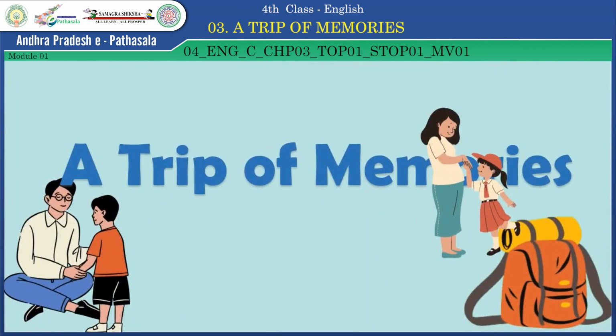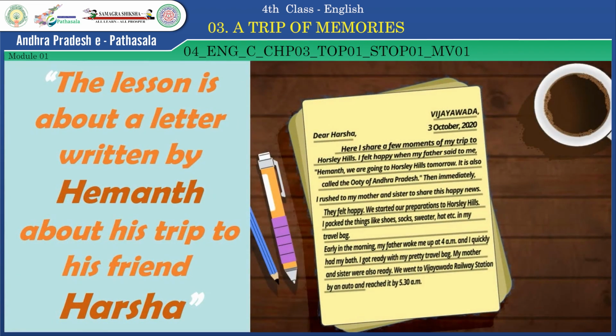A Trip of Memories. The lesson is about a letter written by a boy named Hemant about his trip to a tourist destination called Horsley Hills, to his friend Harsha. The letter starts with his father saying to Hemant as follows.